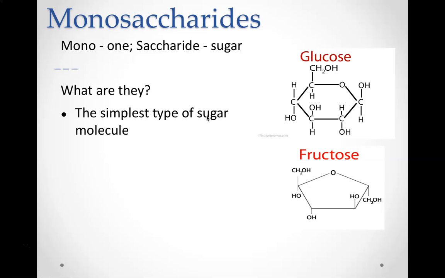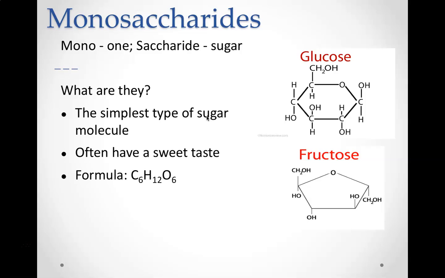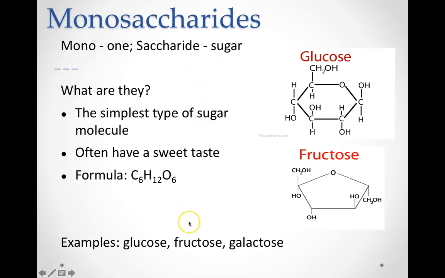And so monosaccharides are the simplest type of sugar molecule that we have. They often have a sweet taste. That's the typical chemical formula for monosaccharides. And some examples would be glucose, fructose, and galactose. So again, you may have heard of those, may have seen them on nutrition labels. Those are our main monosaccharides.